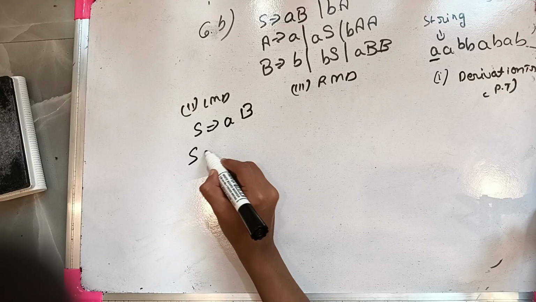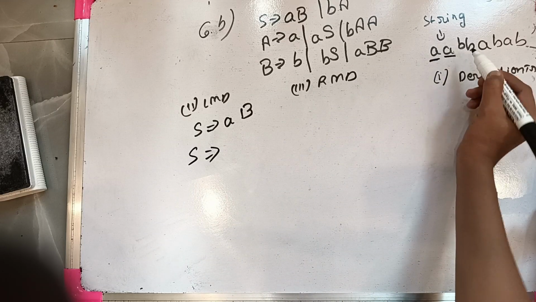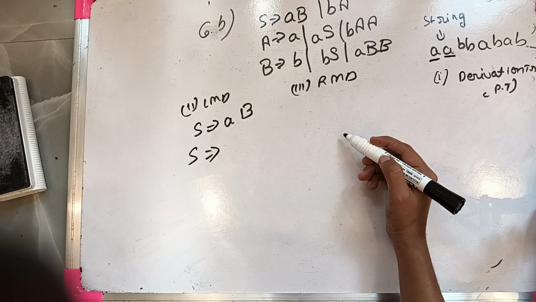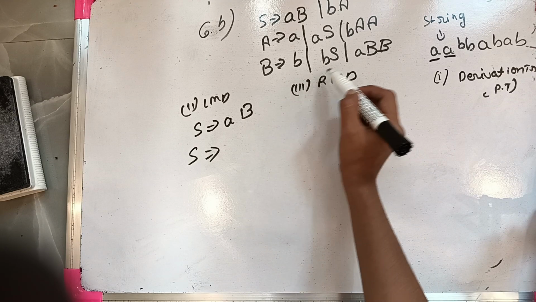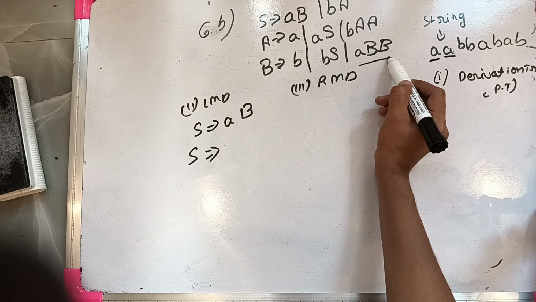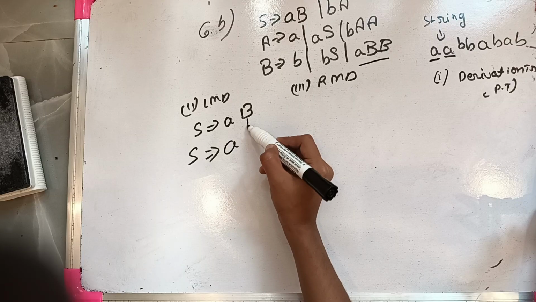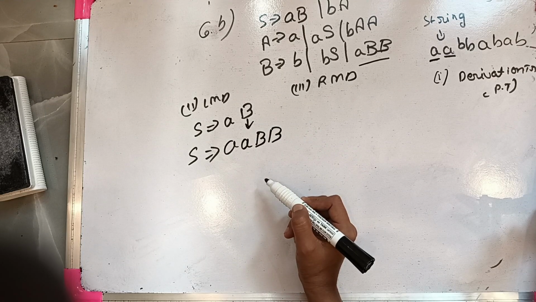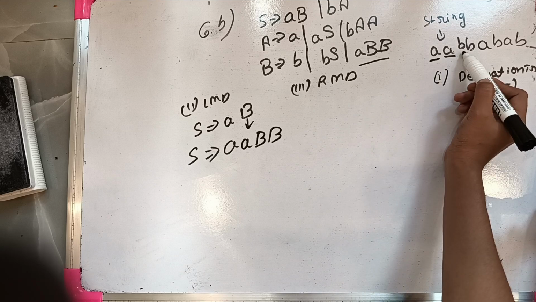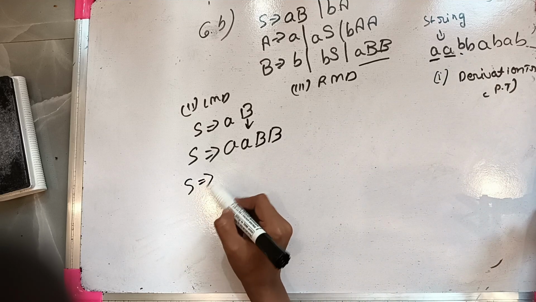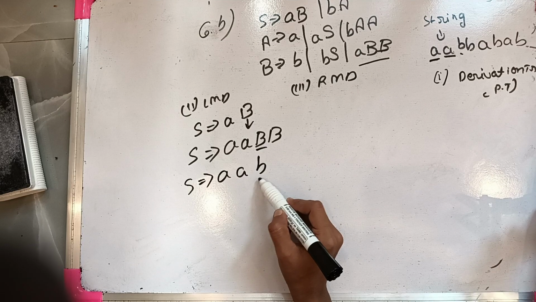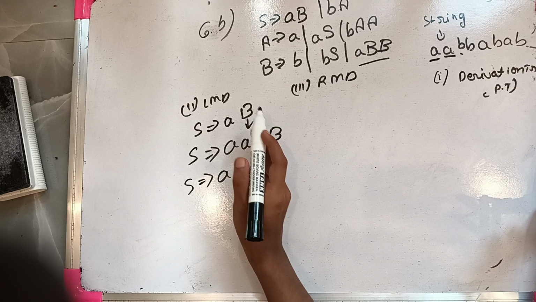After that I require A, again AB, so A, B gives A, B. After that I require B, so I will substitute B, from the left side.